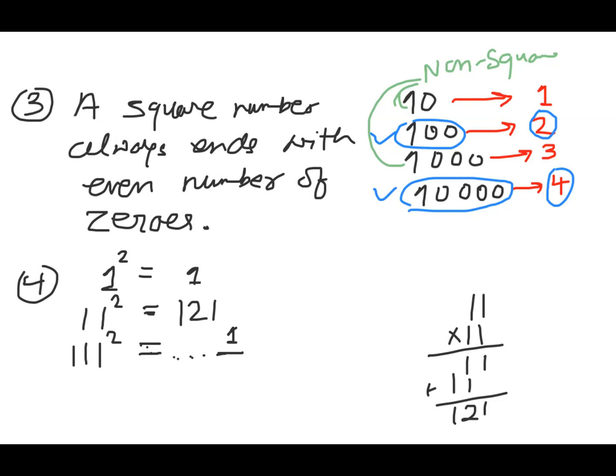So we see a number ending with unit digit 1 gives a square number whose unit digit is also 1. Got it, or any confusion in this? If you have any confusion, please feel free to ask. I will explain that again.